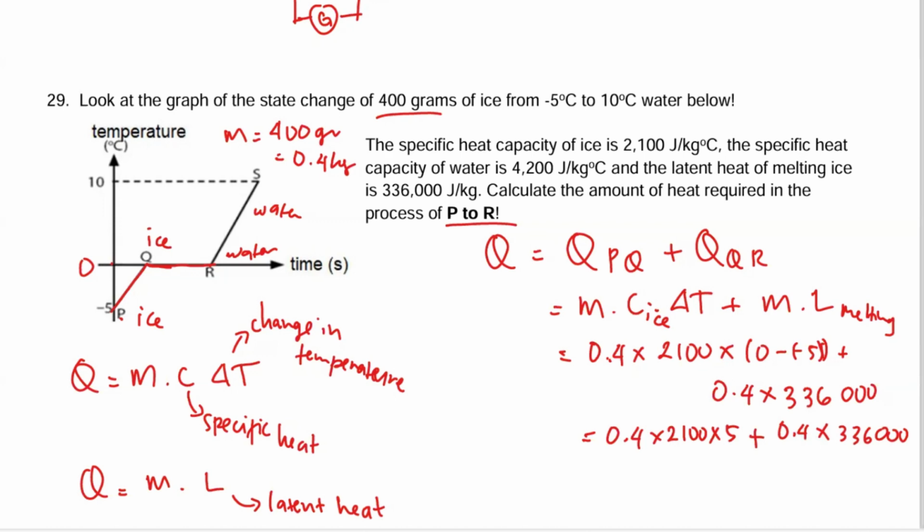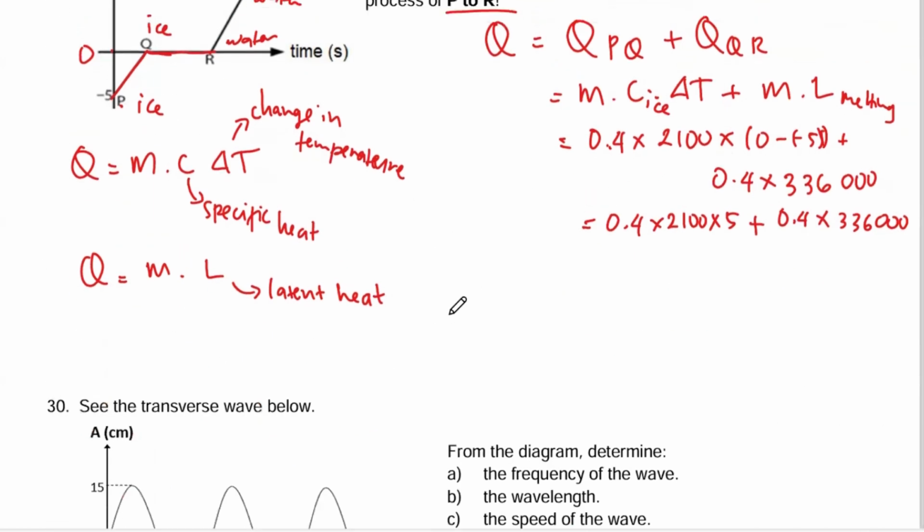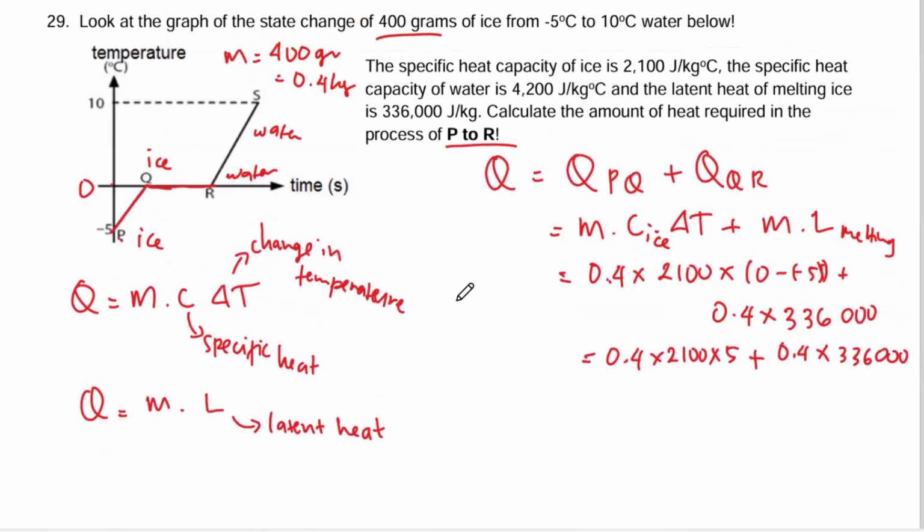So we count 0.4 times 2,100 times 5 plus 0.4 times 336,000. Okay, we count it now. 0.4 times 2,100 times 5.